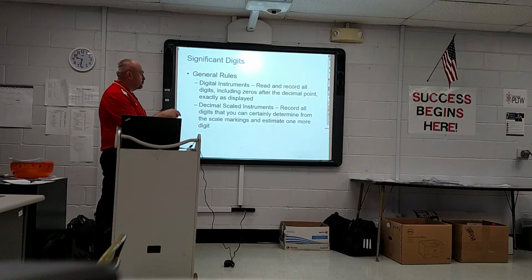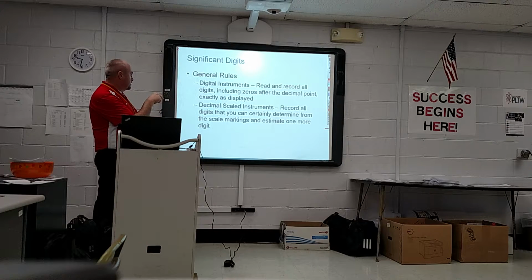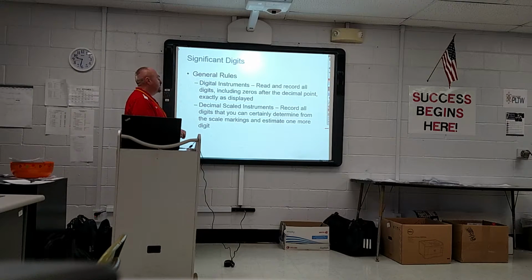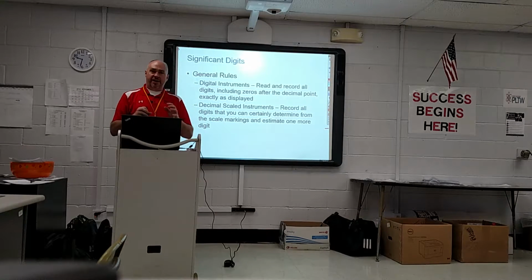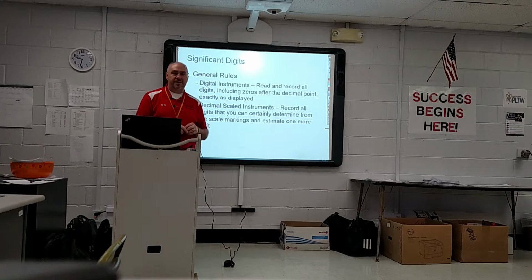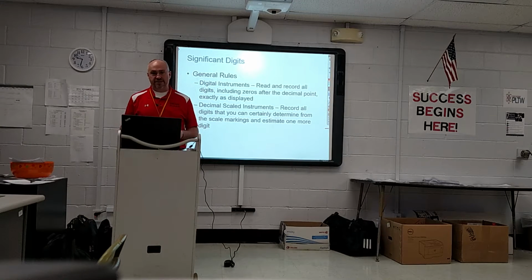Digital instruments read and record all digits, including zeros, after the decimal point exactly as it is displayed. Let's say that we're going to pull out our digital scale out of the cabinet, and I tell you that I want you to measure something in ounces, for instance.